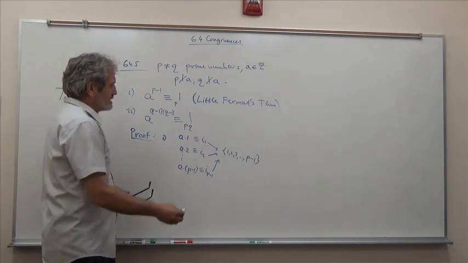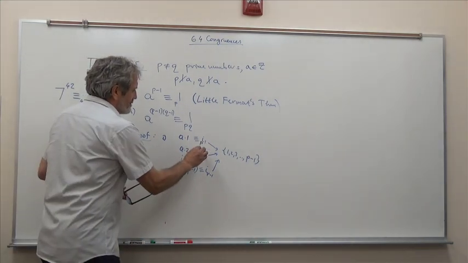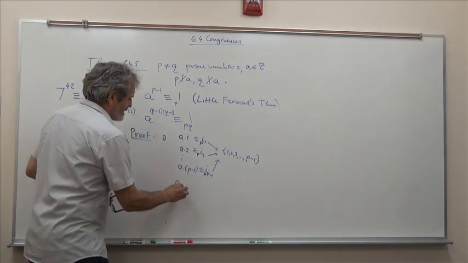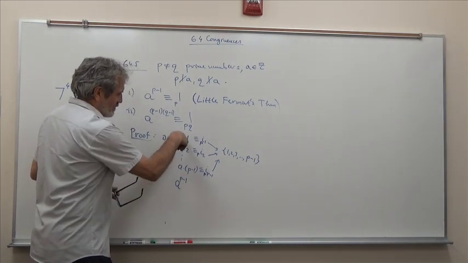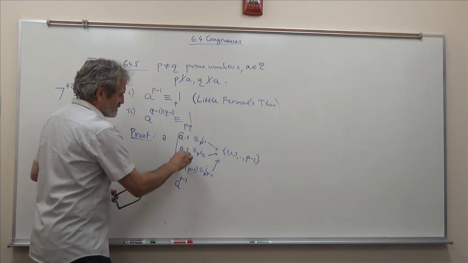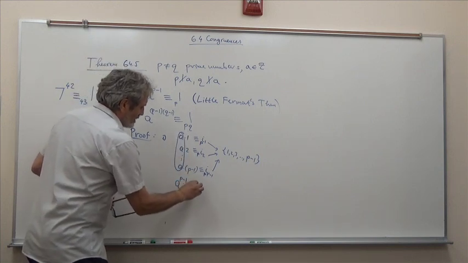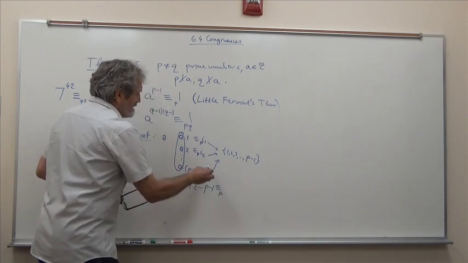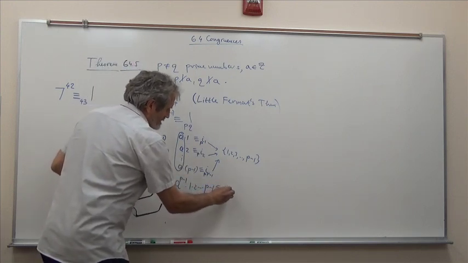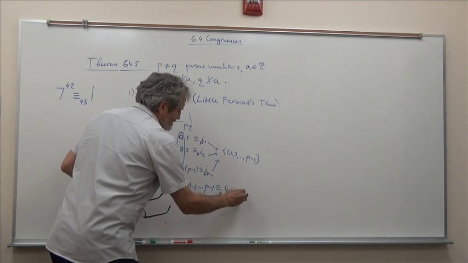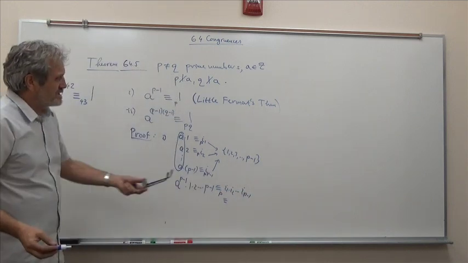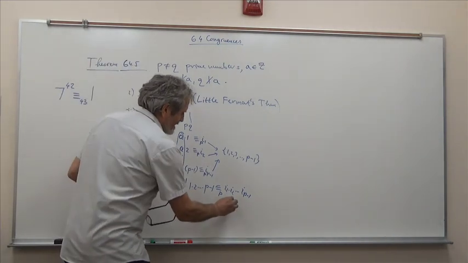And then what if I multiply modulo p? If I multiply left and right sides, what happens? I get a to the p minus 1, because a is repeated p minus 1 times, times 1 times 2 times p minus 1, is congruent to I1 times I2 times I p minus 1. I don't know which one is which, but for a product it doesn't matter.